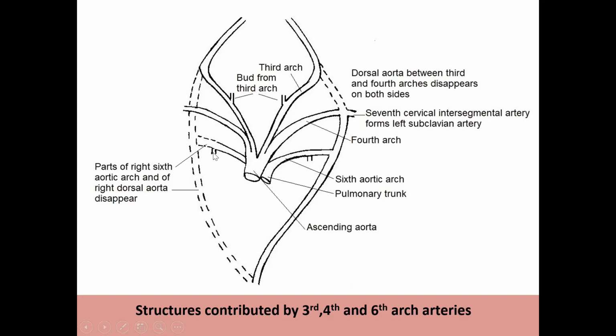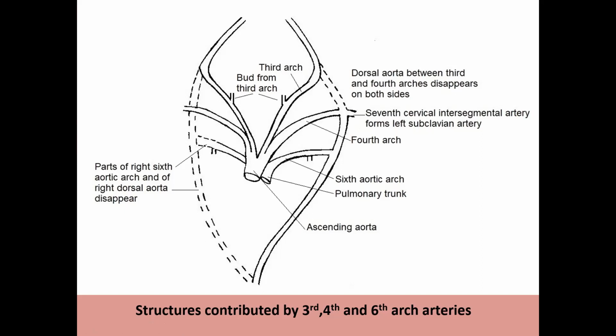This is the bud, the lung bud. And on the left side, the sixth arch artery forms the left pulmonary artery, and from the pulmonary bud to the dorsal aorta, we have got the location of the ductus arteriosus, which forms the ligamentum arteriosum in later life. So students, you must appreciate the structures contributed by the third, fourth, and sixth arch arteries.